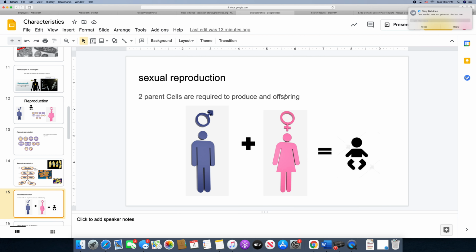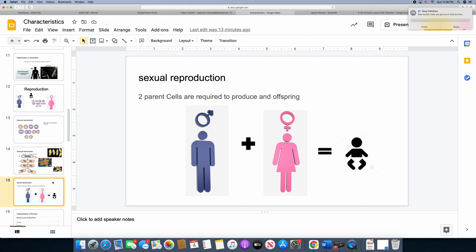So we have a male parent cell and a female parent cell, two parent cells here, 1 and 2, that are going to create an offspring. That is the same for bacteria. For sexual reproduction, you simply have two parent cells that create an offspring.